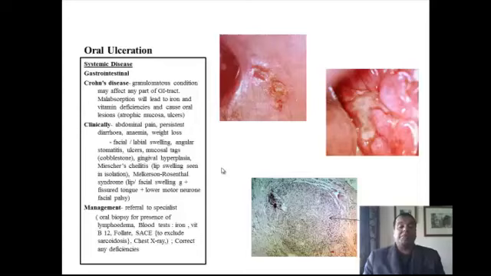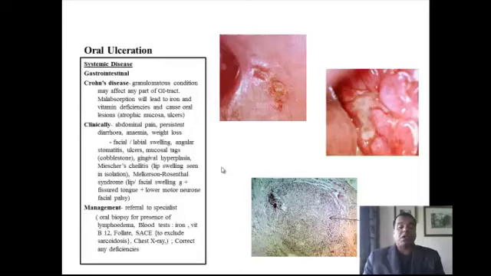Gingival hyperplasia may also be seen, and lip swelling seen in isolation. Melkersson-Rosenthal syndrome involves lip or facial swelling with fissured tongue and a lower motor neuron facial palsy.